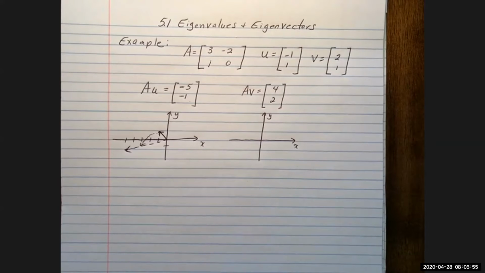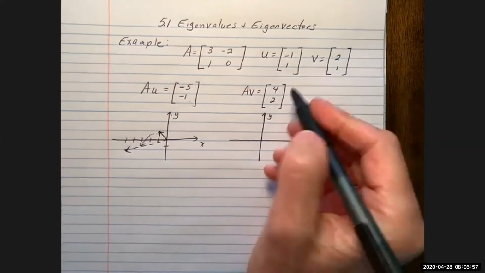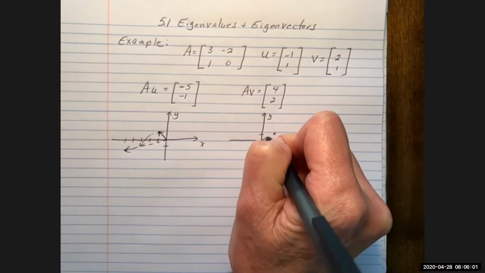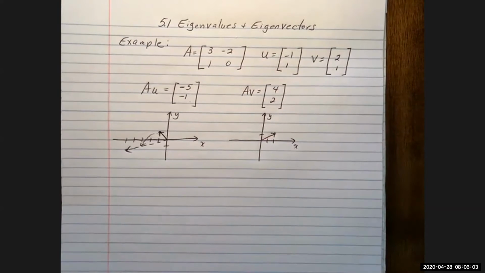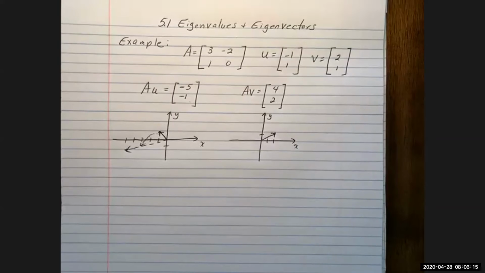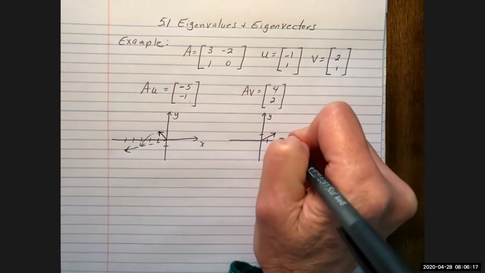Now let's see what the second one did. We started with 2, 1. So there's the vector we started with. And when you multiply it by A, you go to 4, 2.